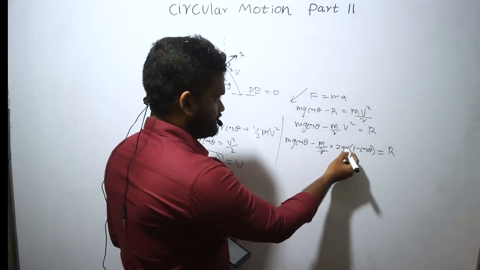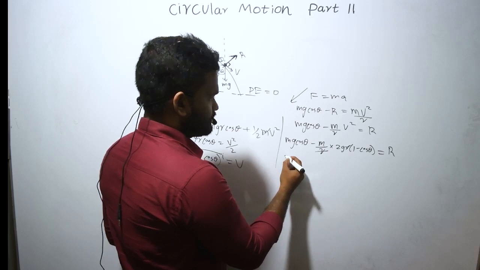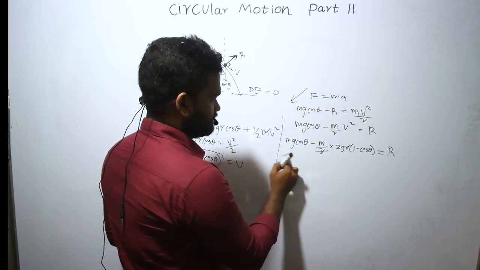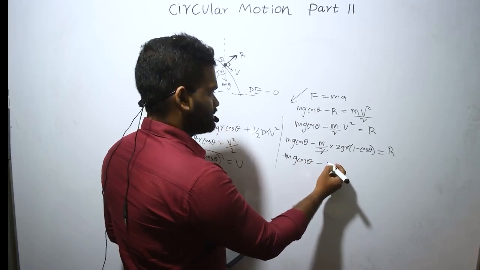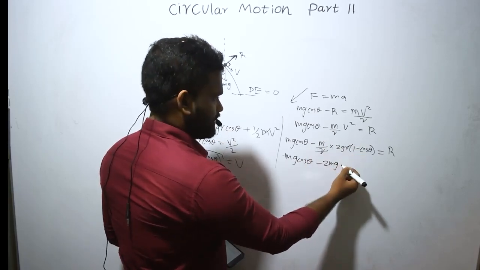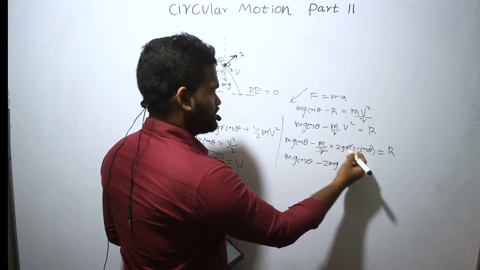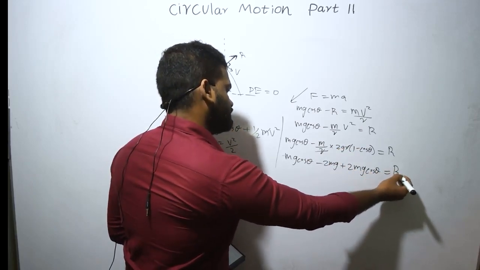These r cancel off. If you want, you can take mg out, but before that I'll just do the simplification. Mg cos theta minus, you have 2 mg, minus minus plus 2 mg cos theta. This is equal to capital R.